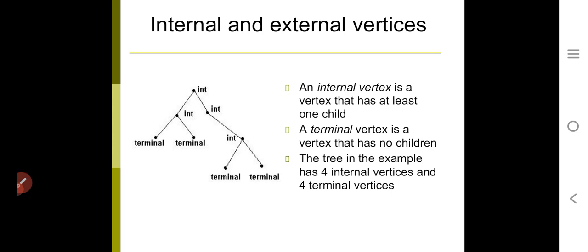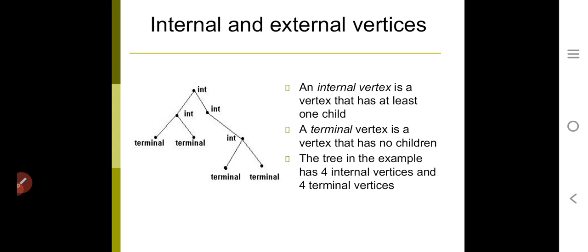Then the external vertex. An external vertex has no child. That means it has a degree of only 1. It is called a terminal vertex or external vertex.